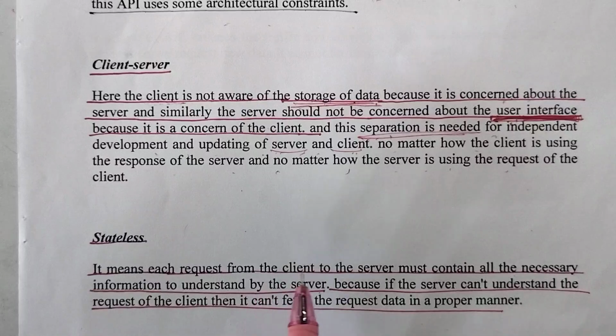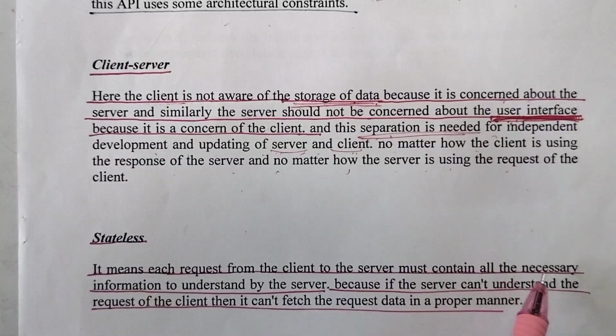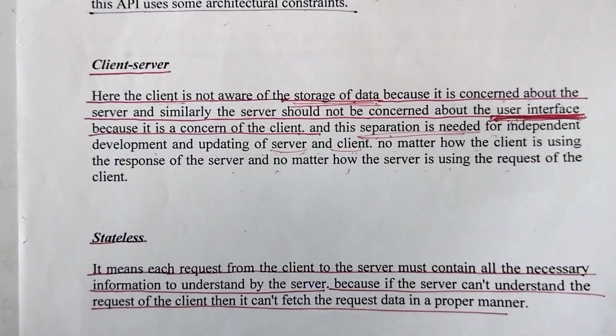So whatever request the client is sending to the server must contain all the necessary information that could be understood by the server, because if the server can't understand the request of the client, then it can't fetch the requested data in a proper manner. That's quite obvious. If it doesn't understand the request, it won't be able to fetch it from there.